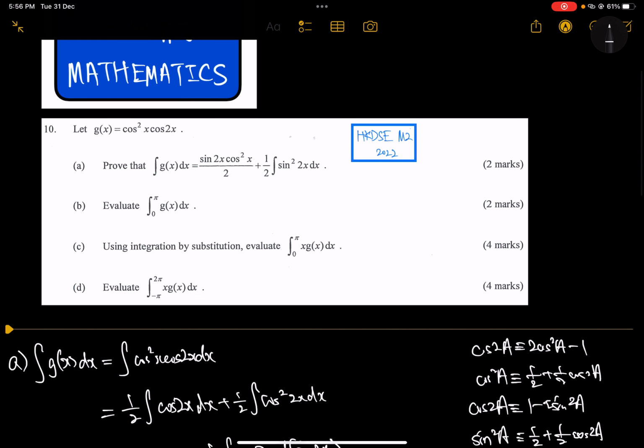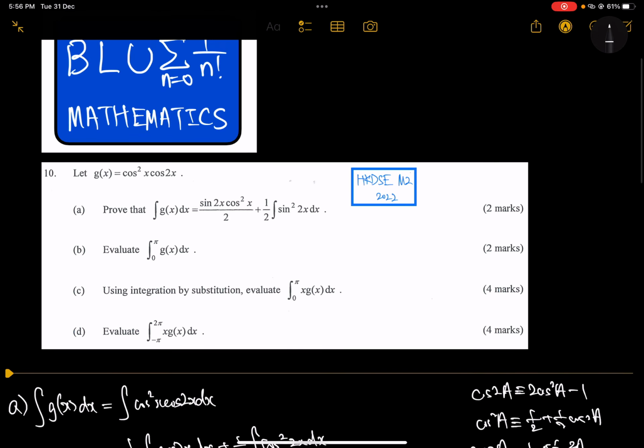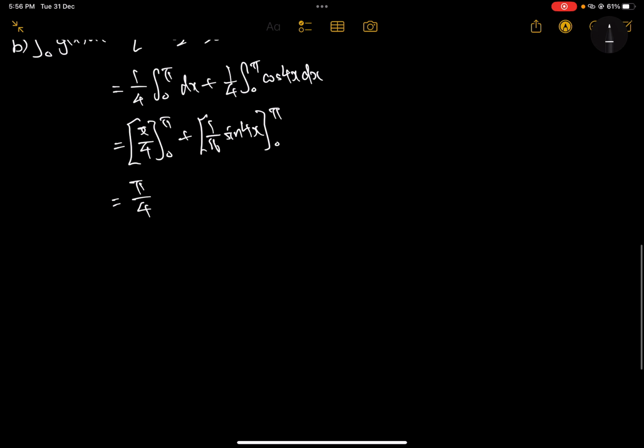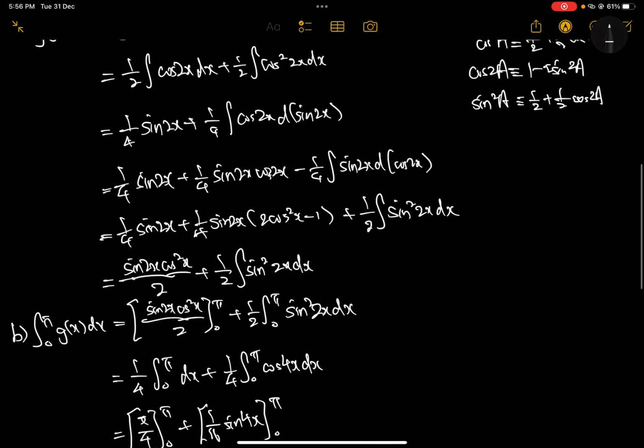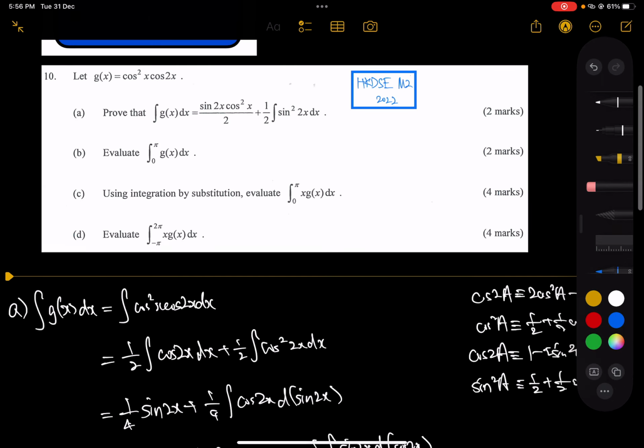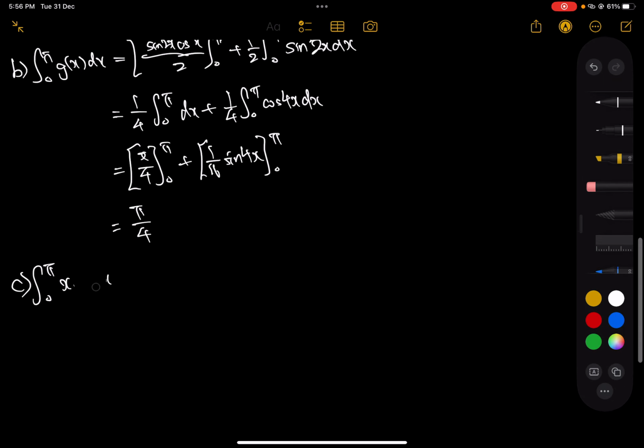Part C, well, part C just gave us the biggest hint in the world, which is to use substitution. So part C, first of all, is from 0 to pi of x cosine squared x. Wait, is that x g x? Yep, exactly. x g x dx, which is just 0 to pi of x cosine squared x cosine 2x dx.